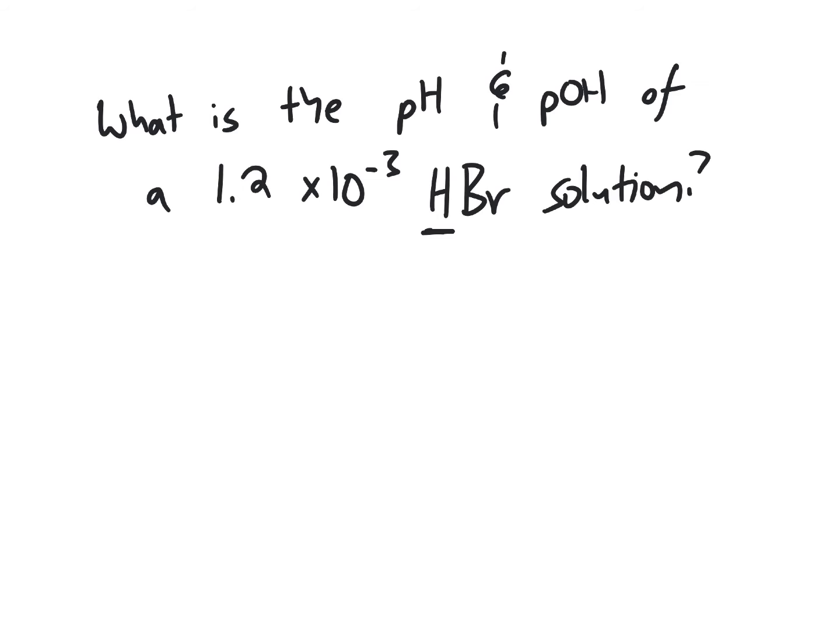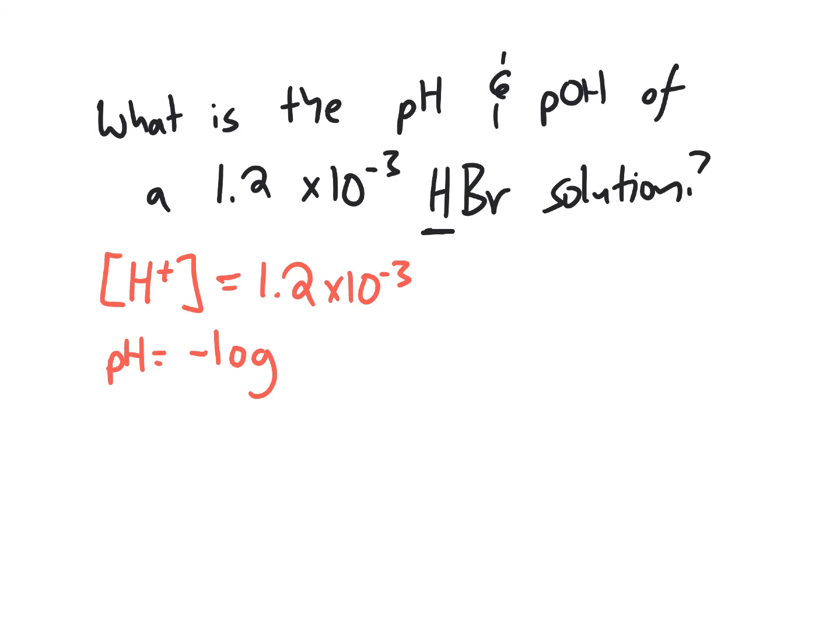So H plus equals 1.2 times 10 to the negative 3. So pH equals negative log of 1.2 times 10 to the negative 3.